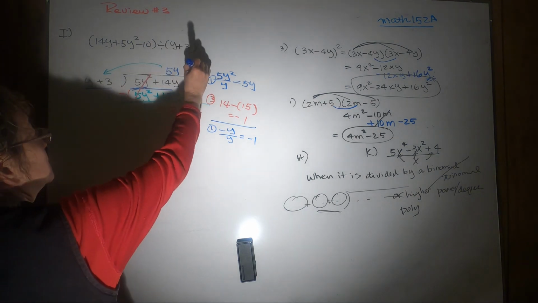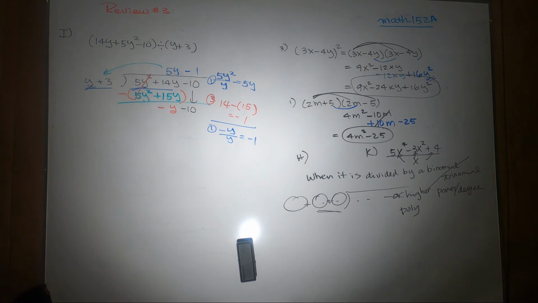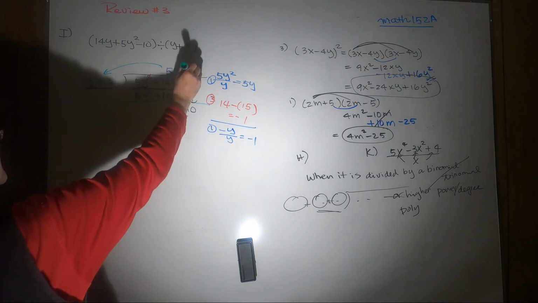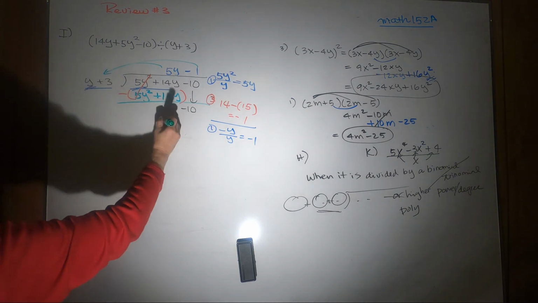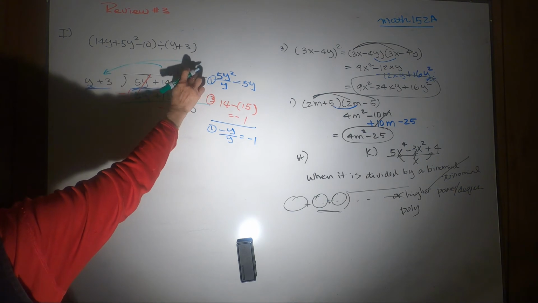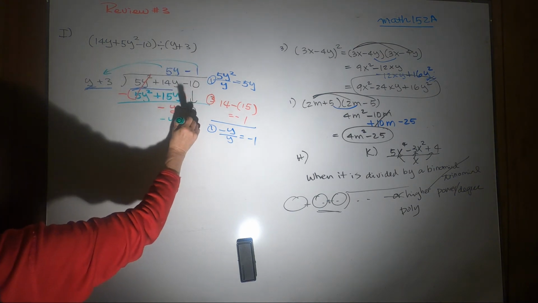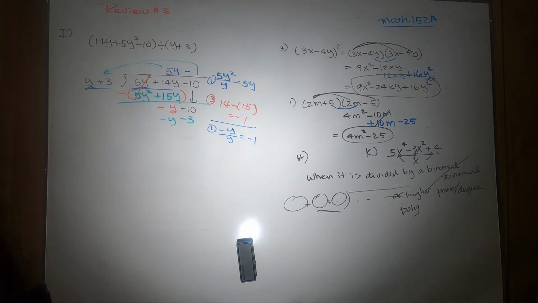So you put your -1 here. Then you multiply back. So -1 times y is -y. -1 times 3, -3, right?